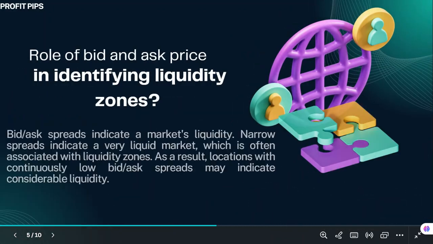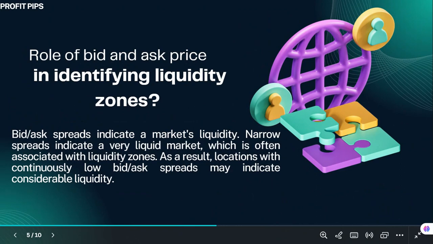Okay, so what is the role of bid and ask price in identifying liquidity zones? Bid and ask price indicate a market liquidity because a narrow spread indicates a very liquid market, which is often associated with liquidity zones. As a result, locations with continuous low bid and ask spreads may indicate considerable liquidity.